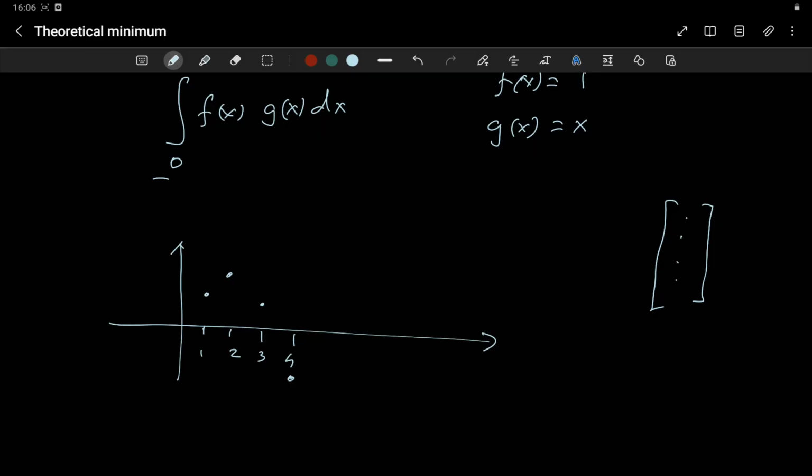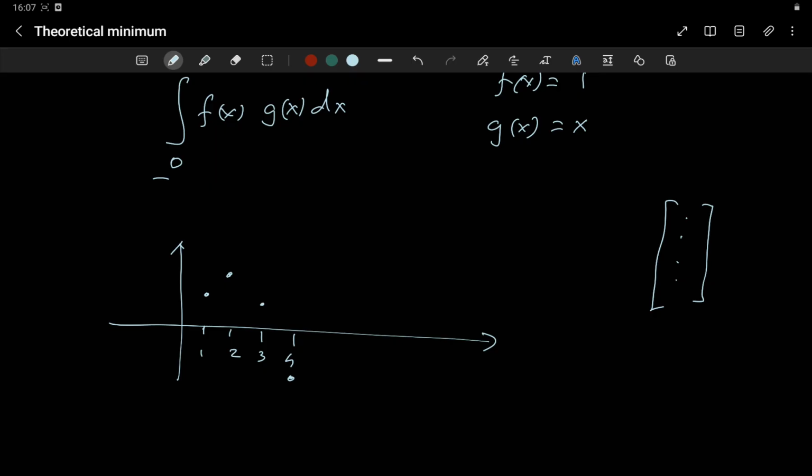Now the thing is, say the vector is very large, with infinite dimension.